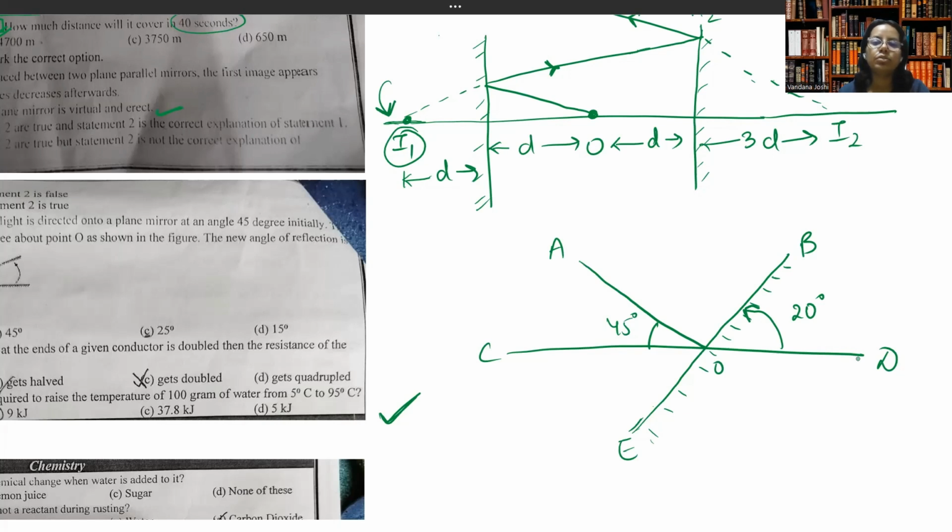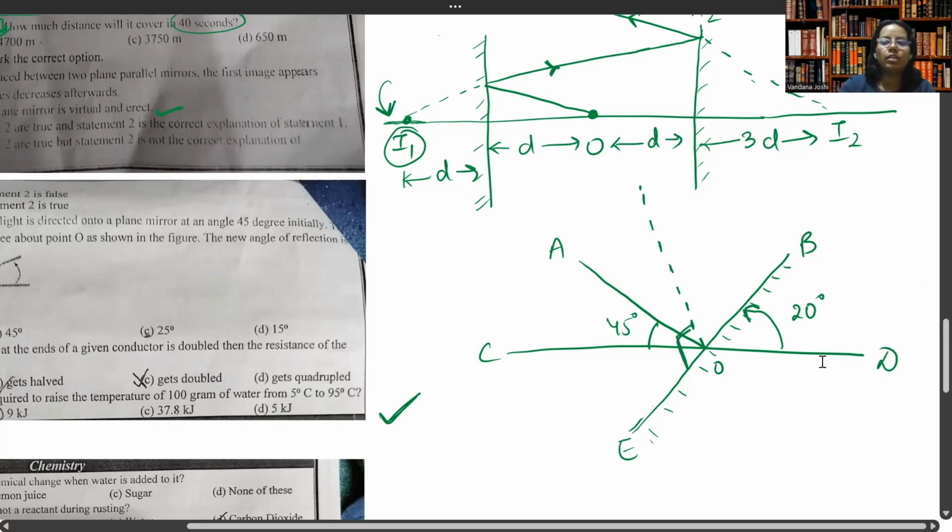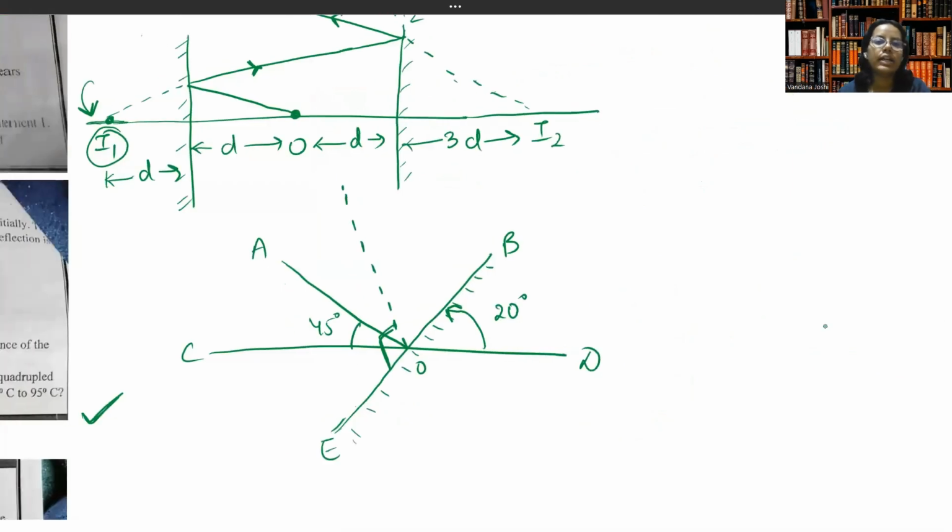Now, one thing that I need to consider is that this AO is going to be the incident ray on BE, and we have to draw the normal over here. As you know that normal is always perpendicular. So we'll say that this angle, let's call this ray as P, angle POE is going to be 90 degrees.